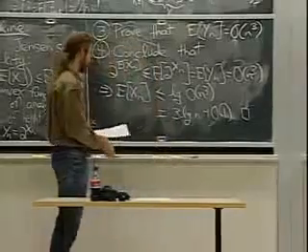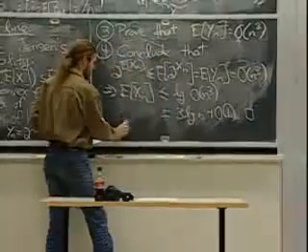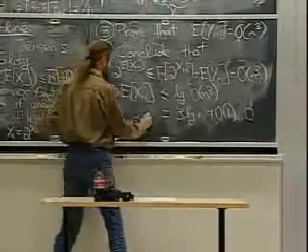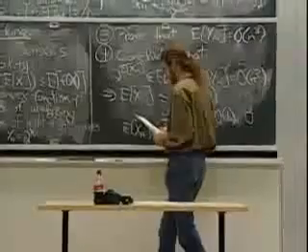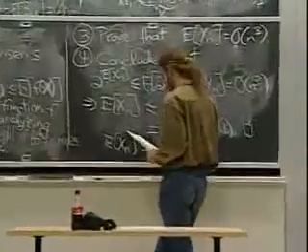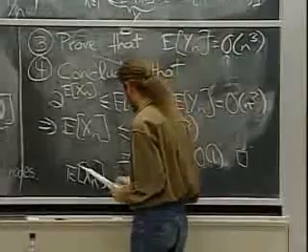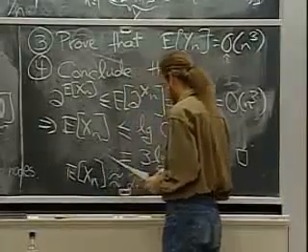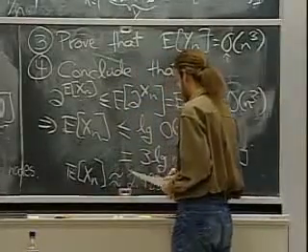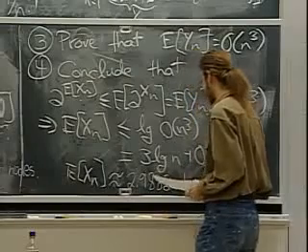In fact, the expected height of xn is equal to, well, roughly, I'll just say it's roughly, I don't want to be too precise here, 2.9882 times log n.